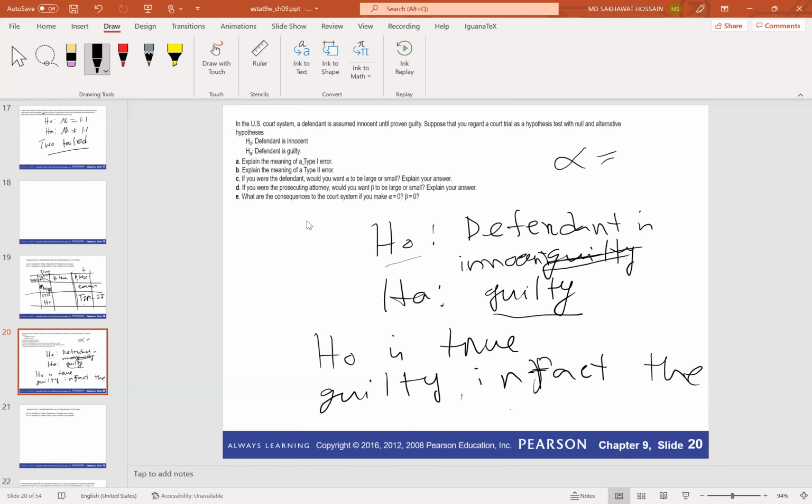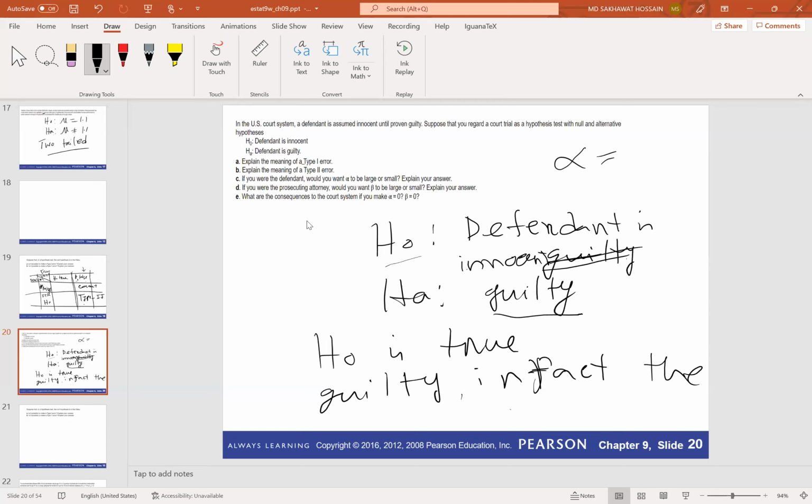So that means we fail to prove that the person is guilty even though the person is actually guilty. So if you were the prosecutor, that means you want a small alpha, a small beta, right? Because you want to make the right judgment.